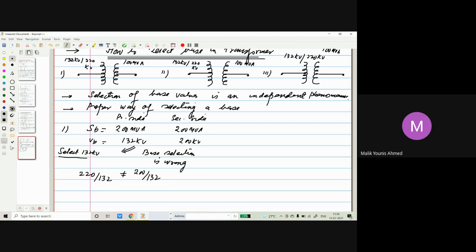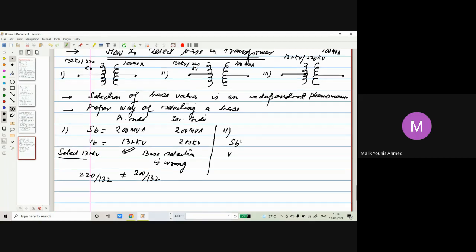So what is 220 is coming? This 220, you can see, let me put it first, second here. Second, what is the second choice? Second choice is SB and VB, and this is primary side.